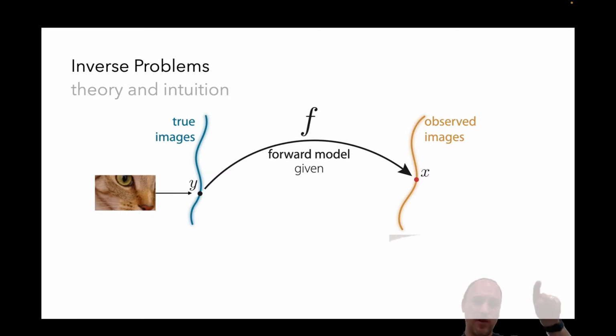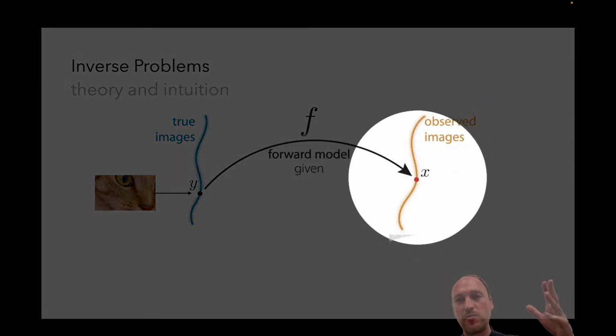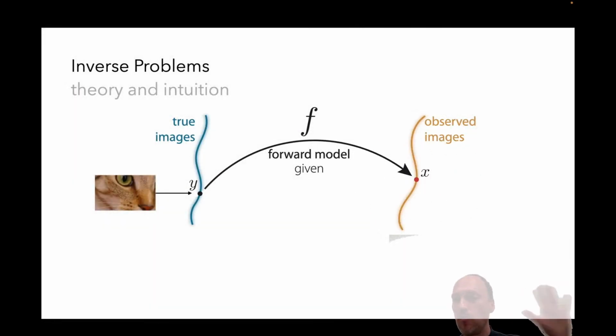And within that space, which is this blue line here, you can pick a single image, let's call it Y, and then we can consider the forward model, which takes that image Y and observes it. Then we have an observation X, and that observation X is all we have access to, right? But it's part of the space of all possible observable images.